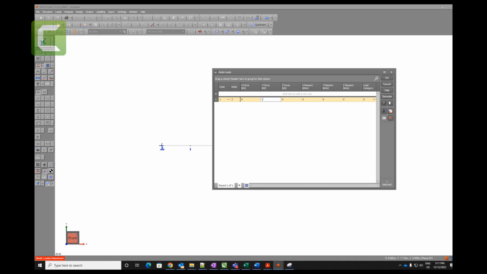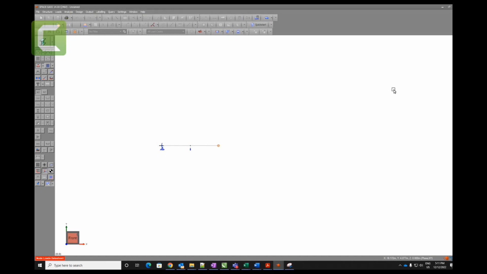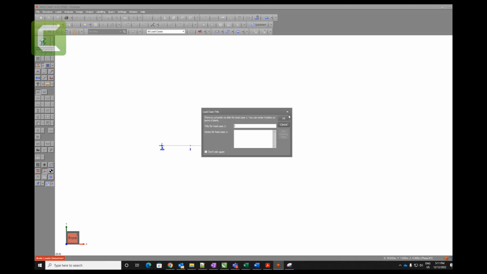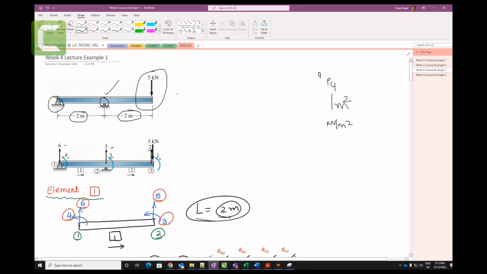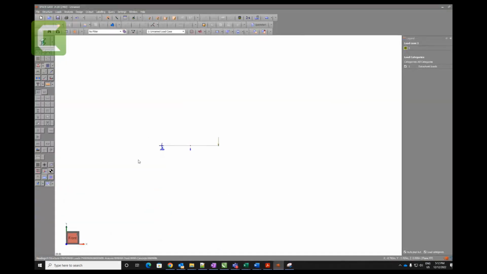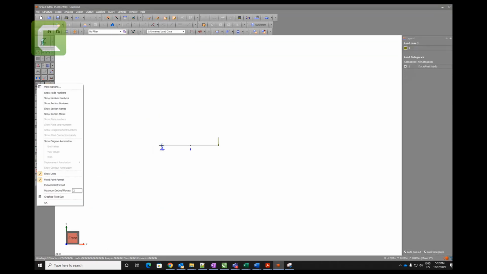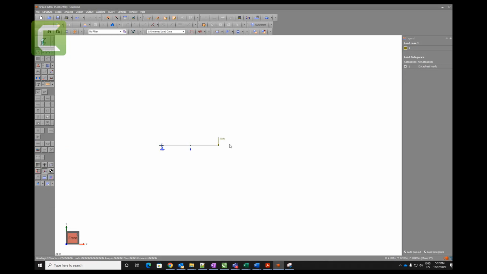So therefore we put -5. We don't need to put kilonewtons, kilonewtons is written here. Hit OK and hit OK and hit OK. So you can see it's going down, and that is your 5. And if you can't see 5, then you go here, labeling and annotations, diagram annotations, and hit OK. You will see -5 kilonewtons there.